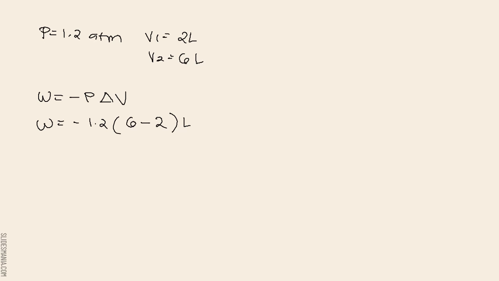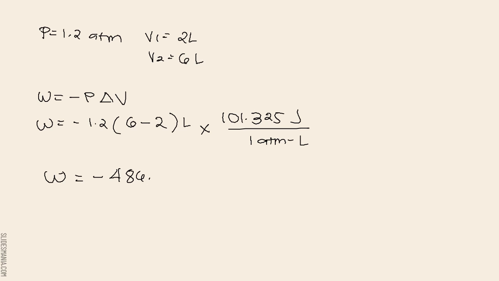No need for conversion because this is already in atm liter. And we can immediately use the conversion factor, 101.325 joules divided by 1 atm liter. Therefore, work is equal to negative 486.36 joules.